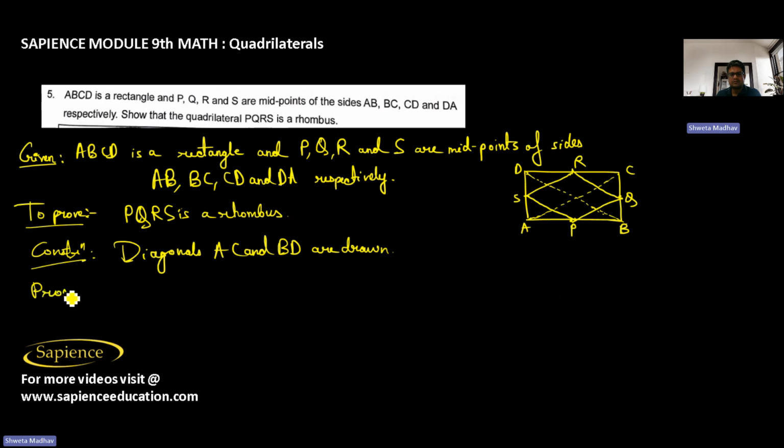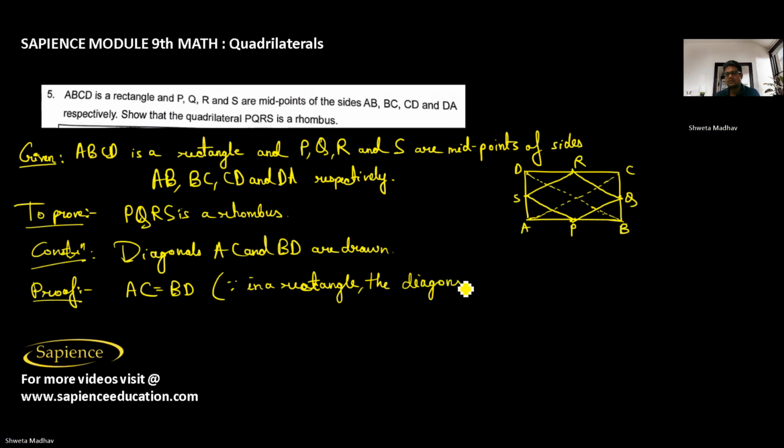Then we will write the proof. In the proof, we will write that AC equals BD, since in a rectangle, the diagonals are equal.